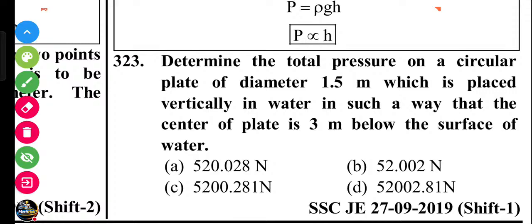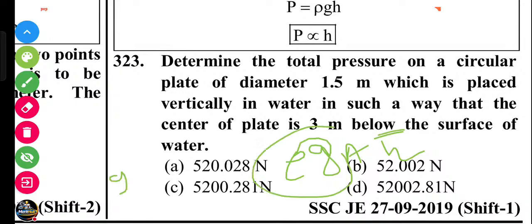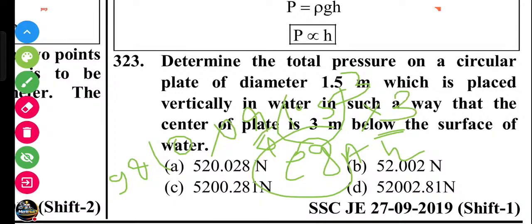The total pressure, or the hydrostatic force, equals rho g A h bar, where rho g is 9810, into area equal to pi by 4 d square, 1.5 square, and h bar equals the center distance, 3.